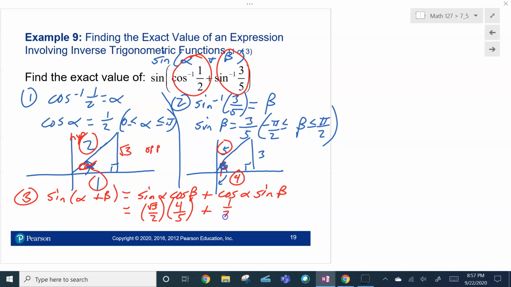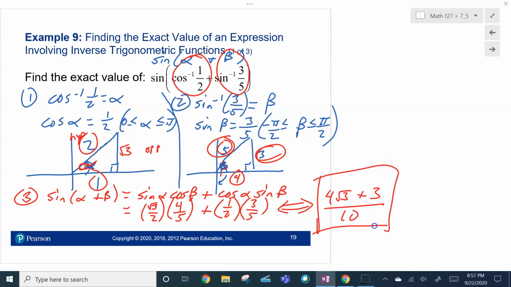Sine beta, I'm back over here to beta, opposite over hypotenuse, 3/5. So this becomes 4 root 3 over 10 plus 3 over 10. So 4 root 3 plus 3 all over 10 is the exact value of that right there.